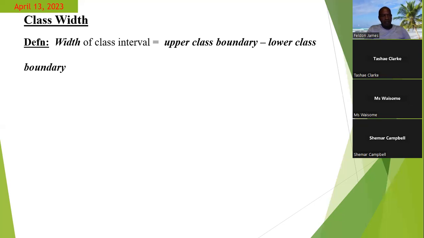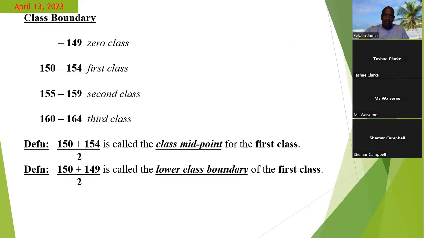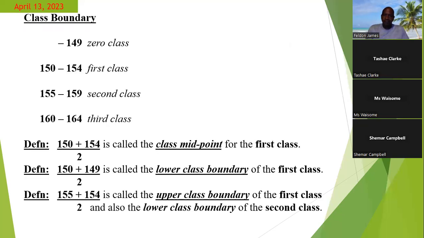So, sir, this upper class boundary and the lower class boundary, is it not from the same class? So, for instance, you're looking at the second class, you have 154 and 159, sir. Now, the same one, you'd have to take away the 154 from the 159. Would it be like that? Wrong. So, for instance, you have 155 and 159, sir. To find the class width, sir, you take 155 from 159.